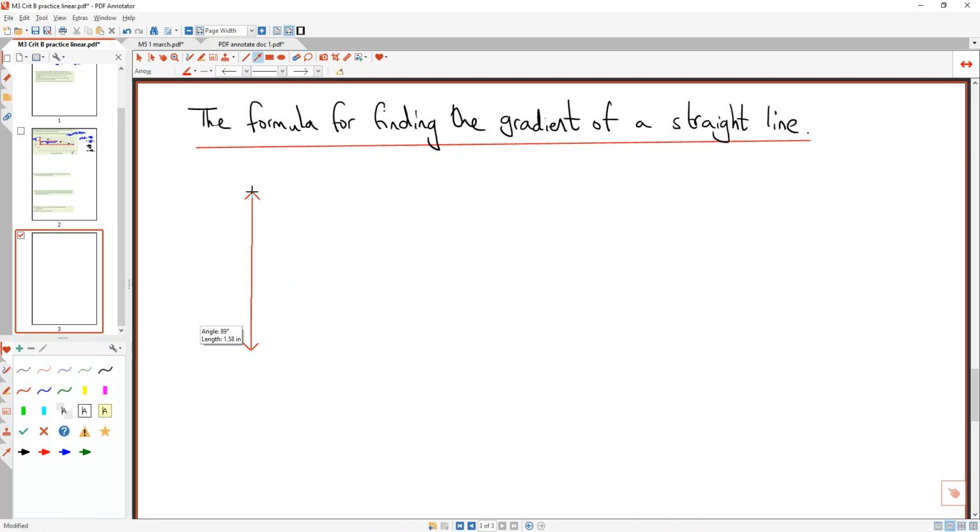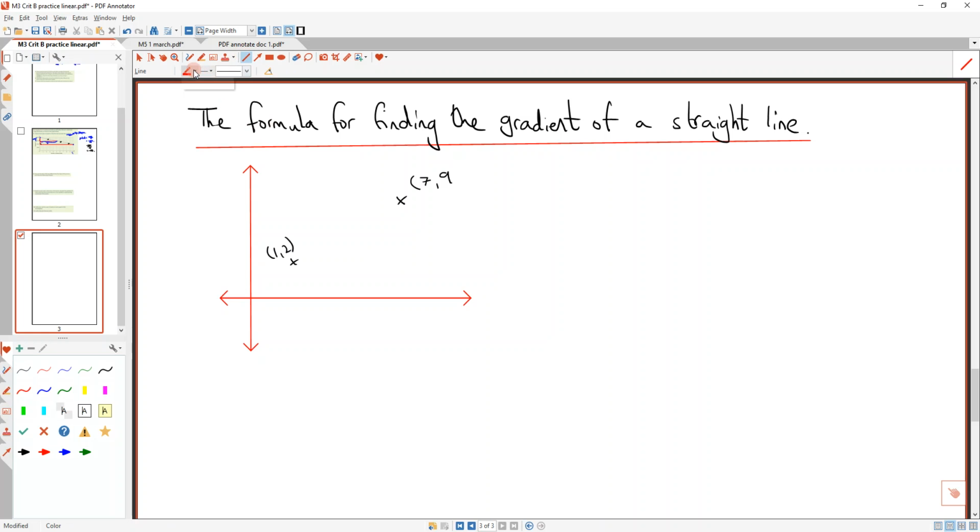What I'm going to do is, I'm going to draw a sketch. Okay, I'm going to put on, let's say, 2 points. Let's imagine that this point is 1, 2. And I'm going to put another point on here, which let's call 7, 9. And I'm going to draw a straight line between them.